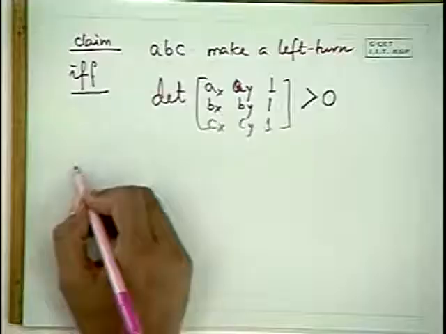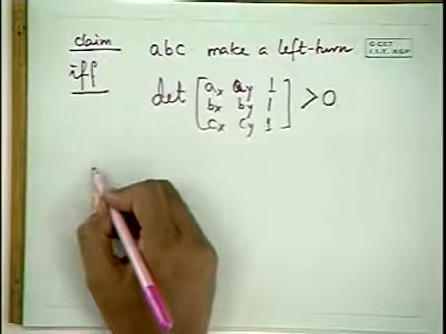I am assuming this input. The input for the polygon has been given as a set of points.